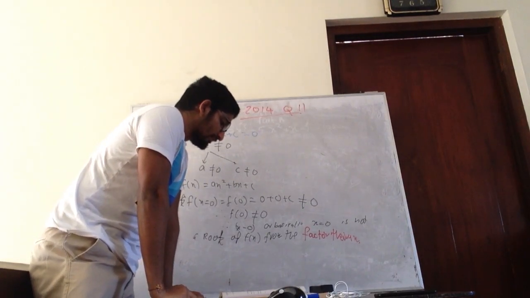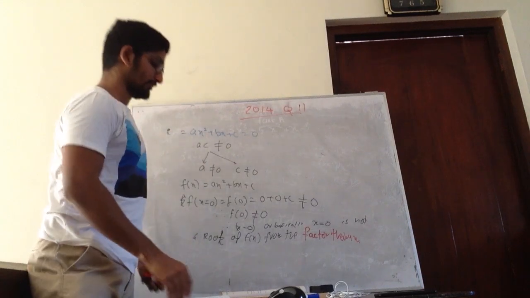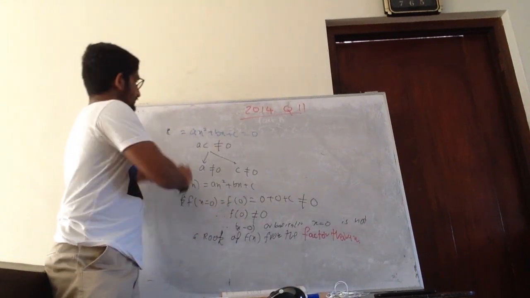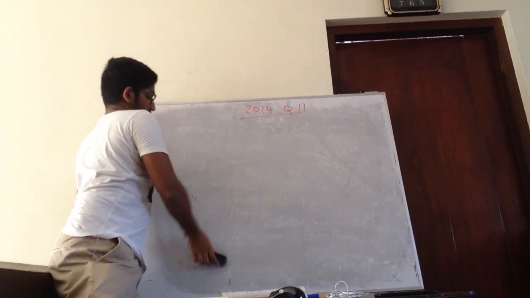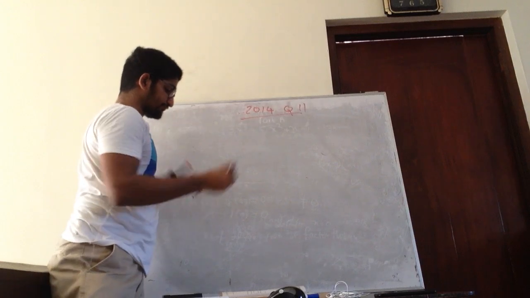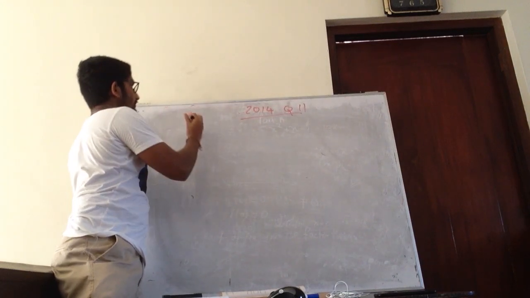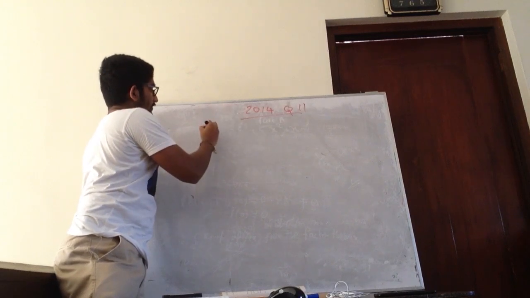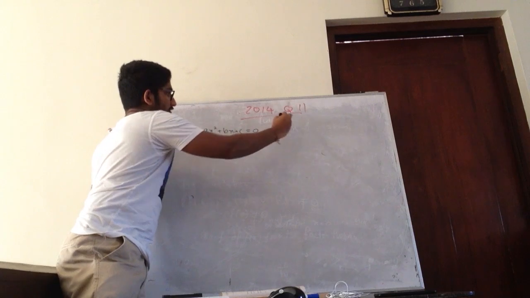Then they are asking, let lambda be equal to alpha over beta, show that this is alright. So there is ax squared plus bx plus c equals 0.